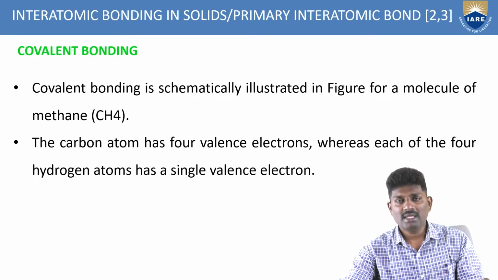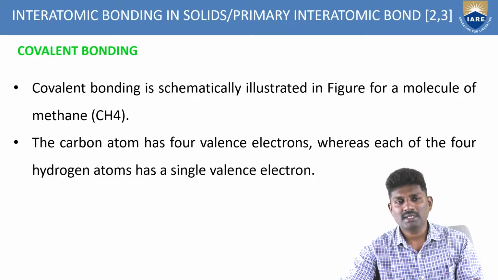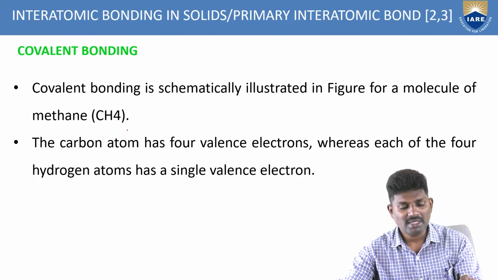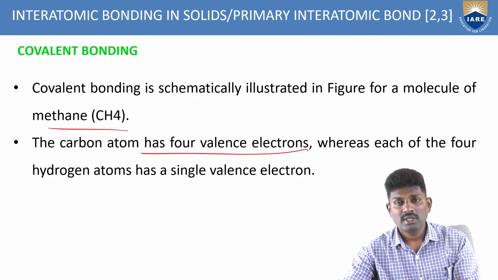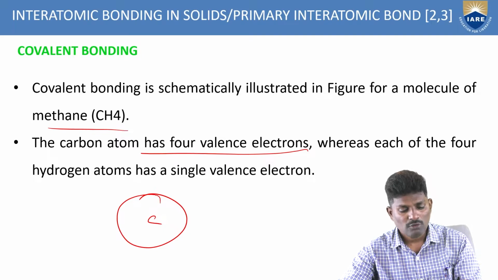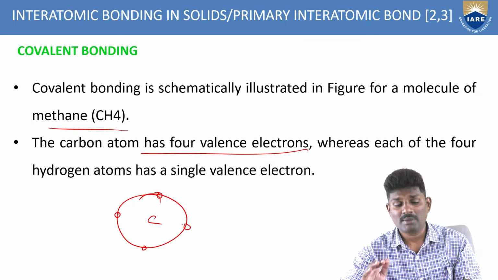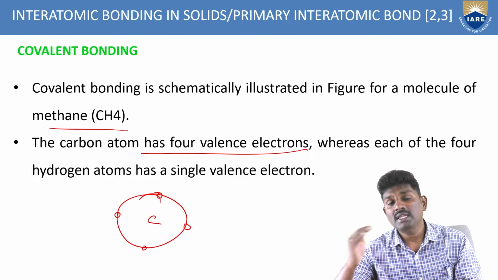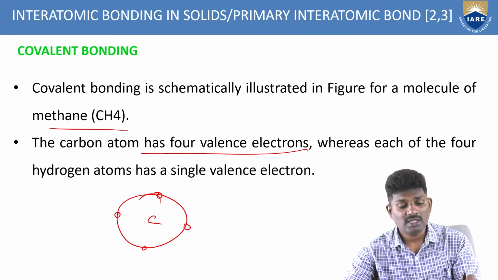So we'll see how the covalency nature will exist with the help of methane. So what is happening here? The carbon has 4 valence electrons. This is the carbon atom which has 4 electrons in the outermost shell. So from these 4 electrons, we'll see how the electrons are sharing with the hydrogen.